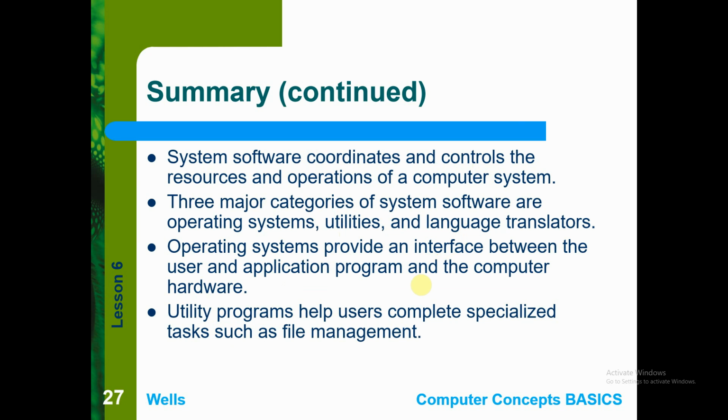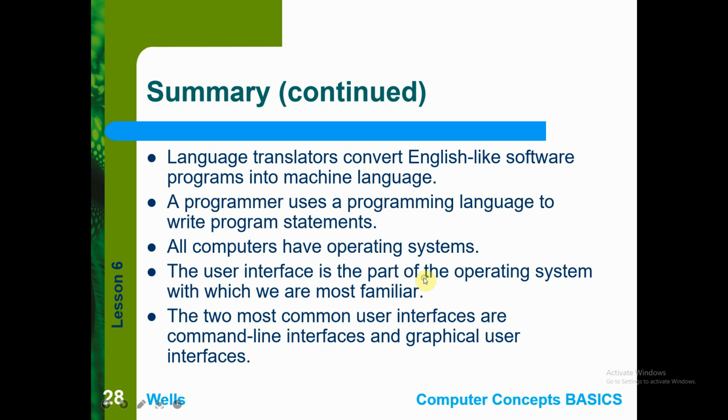Whereas utility programs help the user complete specialized tasks, such as file management, maintenance, and fragmentation checking of your computer. Now, language translators convert English-like language into machine language, and a programmer uses a programming language to write program statements for the computer system to execute and produce the data.